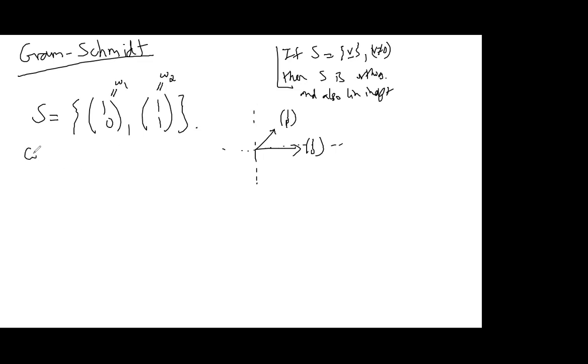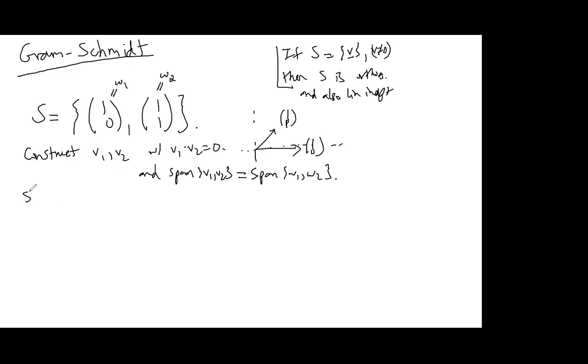So we're going to construct V1 and V2 with V1 dot V2 equals 0 and the span of V1 and V2 equal to the span of W1 and W2. I think the book might use different notation, so sorry if this confuses for now.